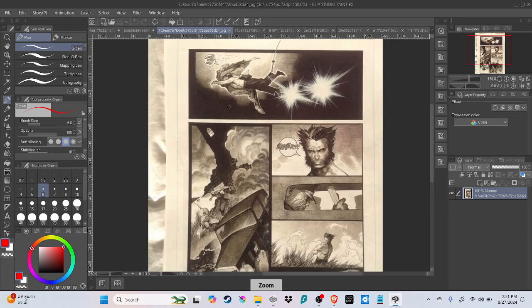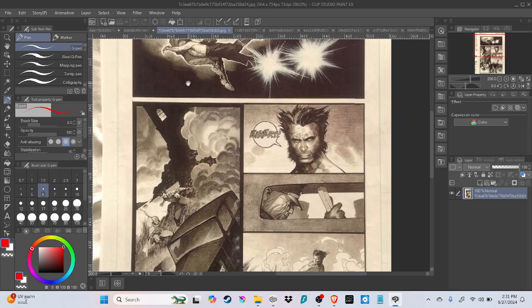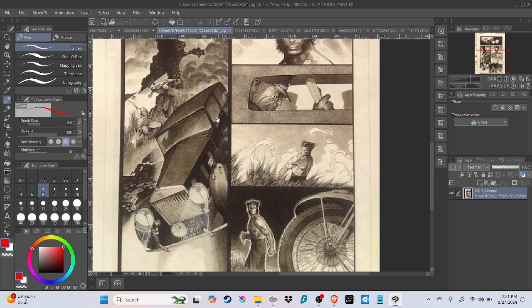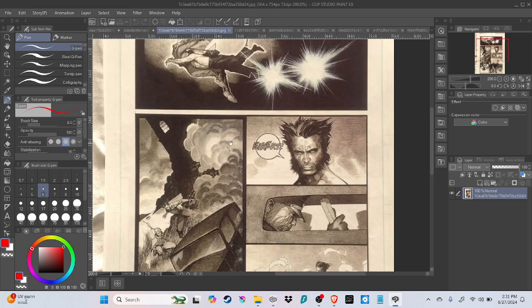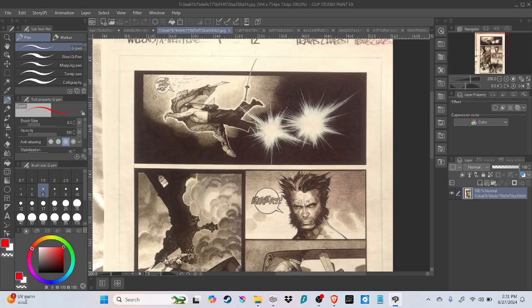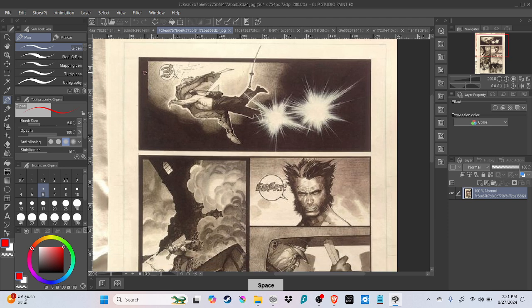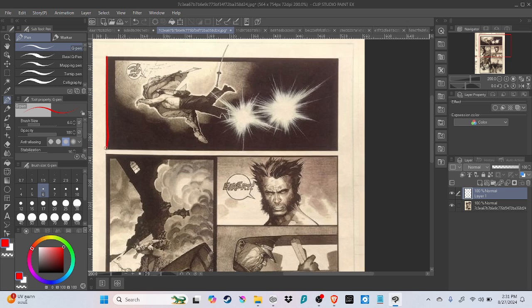Again, we have this separation of these panels, which is interesting because these do seem to be connected to one another. It seems like after he got done punching that woman in the face a few times in the previous pages that we looked at, he's now saving her. And I like the way that he uses the white to outline here.